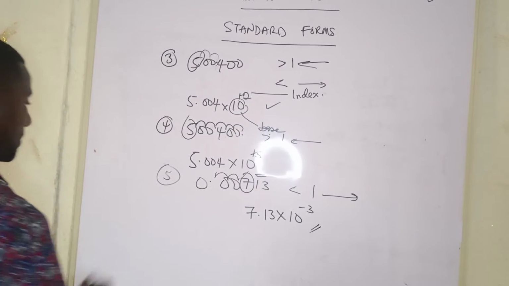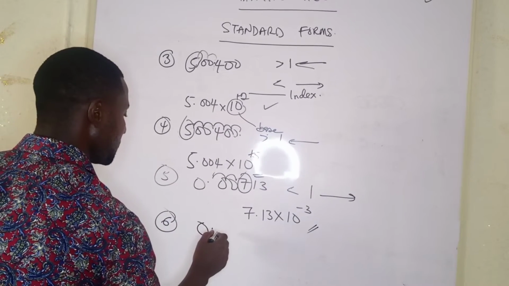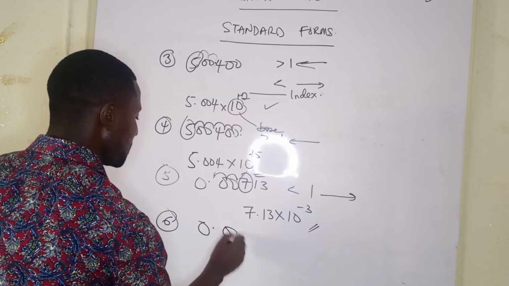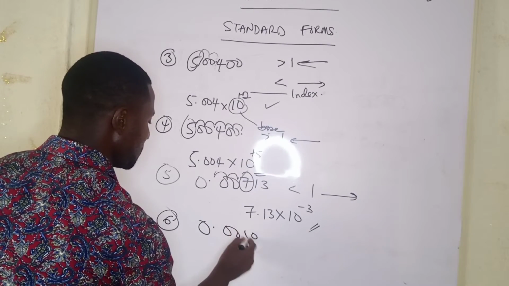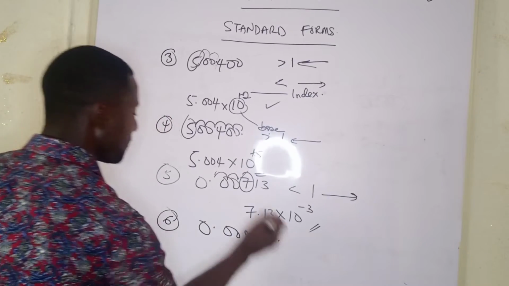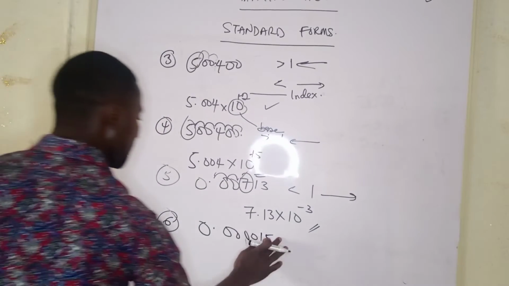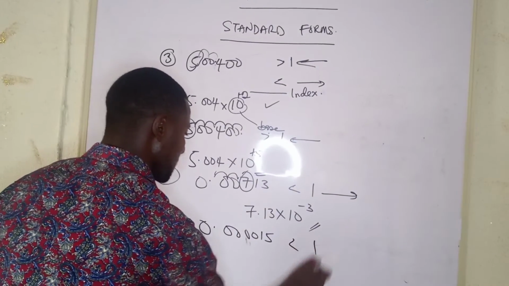Let me give us another example again. If you have 0.00015. If you have this one here, in this case, your value is less than 1.